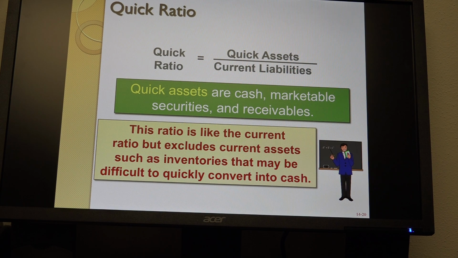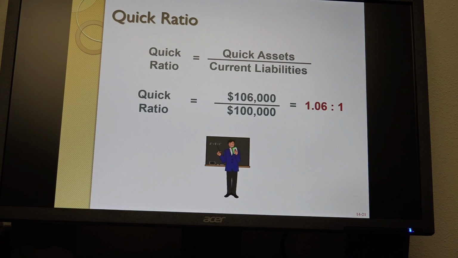If you're getting down into the 50% range with your quick assets versus your current liabilities, you could have some liquidity problems. You could have some problems paying your current bills. And so in this case, the quick ratio is 106 over 100,000, so it's 1.06 to 1.